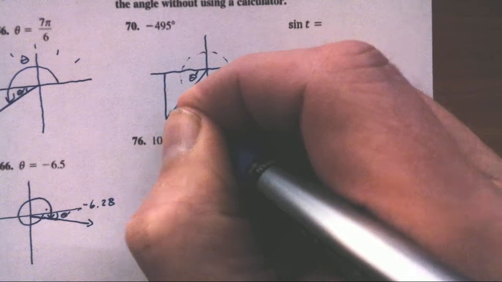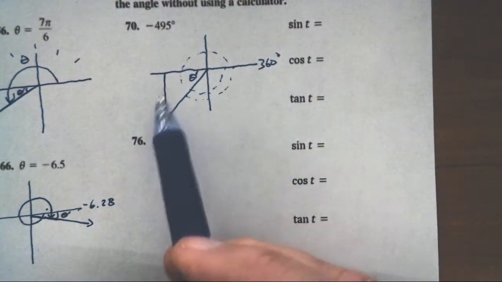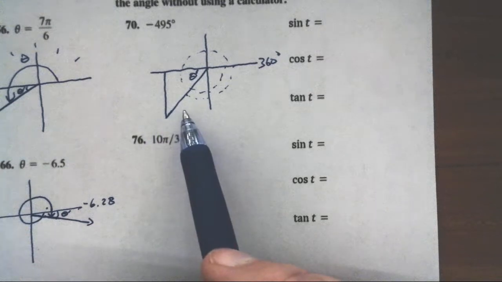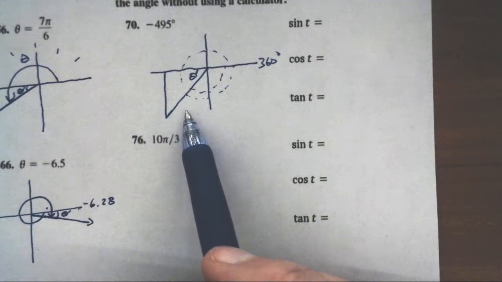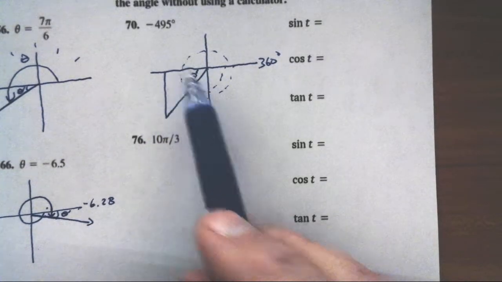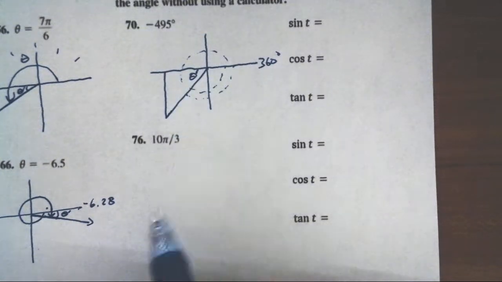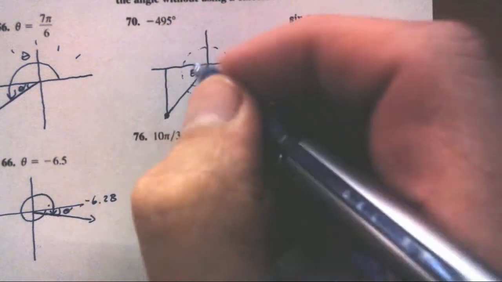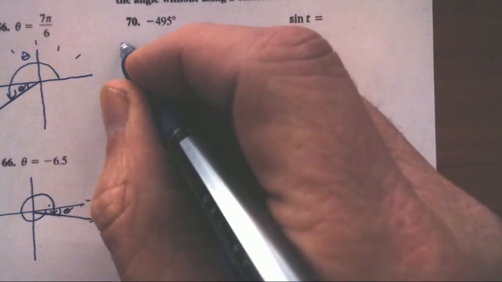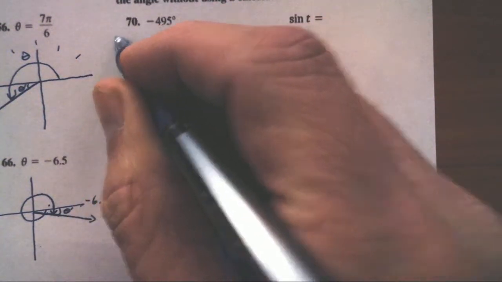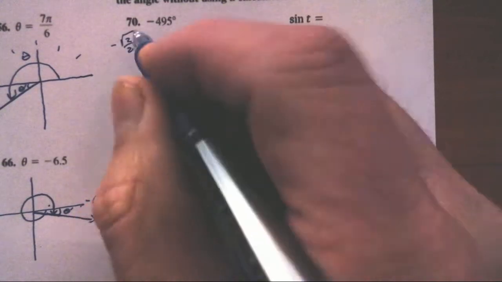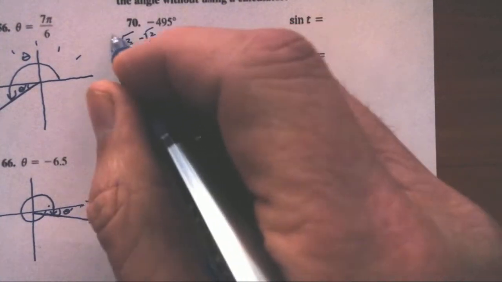So the reference triangle is a 45. We could do this a couple ways. We could put this on a unit circle, or we could use values that maybe we're comfortable with for the triangle. So we could either call this point right here, for those of you who are in my class, you know what I'm talking about, negative square root of 2 on 2 and down, negative square root of 2 on 2.